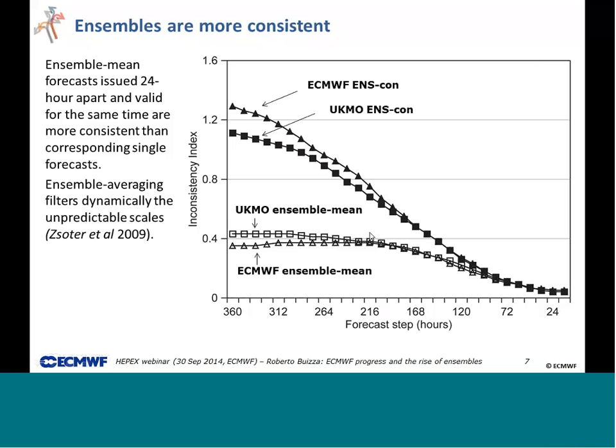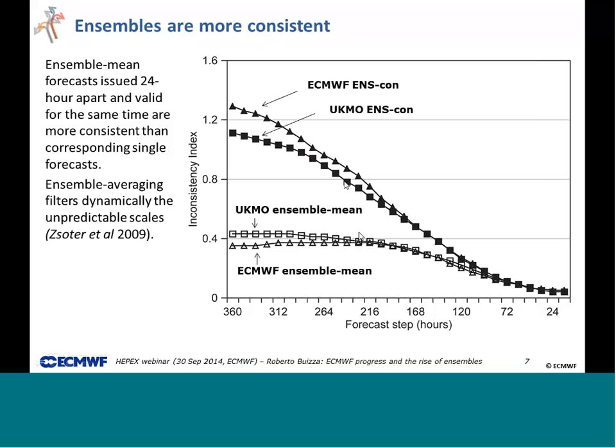So users that use an ensemble mean forecast see more consistency between forecasts issued at consecutive days. Please note that, given that the ensemble mean is a smoother forecast with less variability, to generate this curve one needs to take that into account.